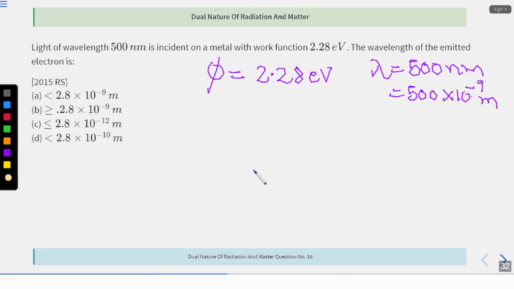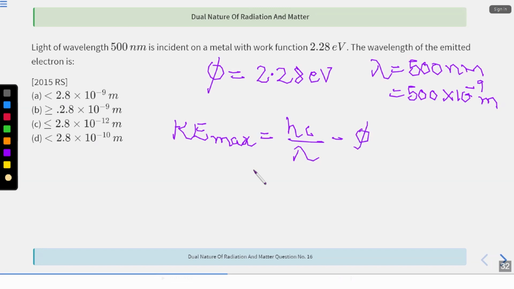Yes. We also know that we can just write this as 500 into 10 to the power minus 9 meter. Yes. Okay. So I can write my KE max to be hc by lambda minus phi.